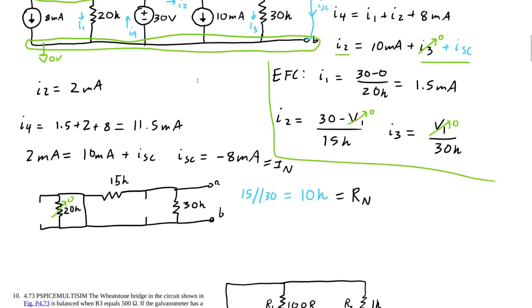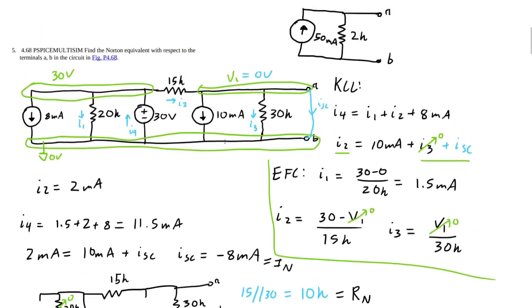So the Norton equivalent circuit is going to be, let me draw this current source, that's ISC. I'm actually going to draw it in the opposite direction of the arrow. So 8 milliamps, and then in parallel with 10 kilo ohms. And there we go. Simple as that.